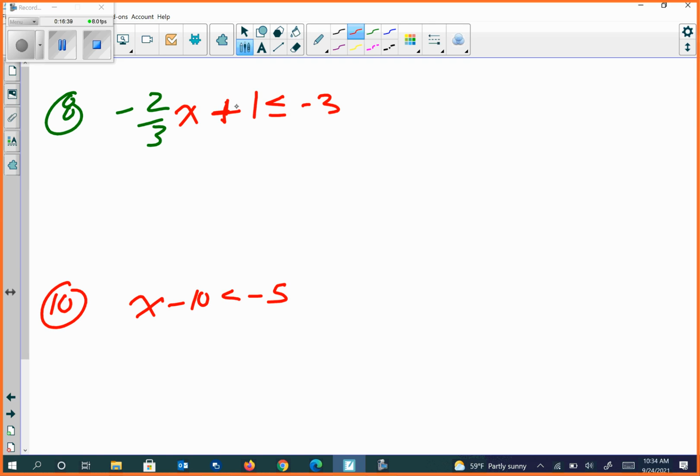I like it. Yeah. These ones you don't have to flip the signs because they're already, the letter's already on the left side.